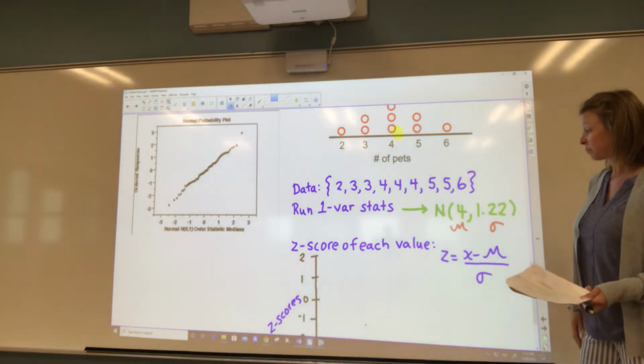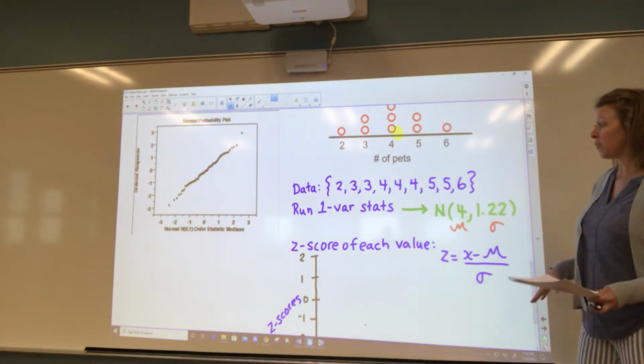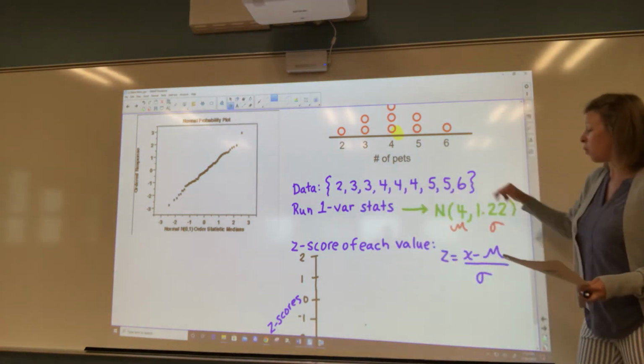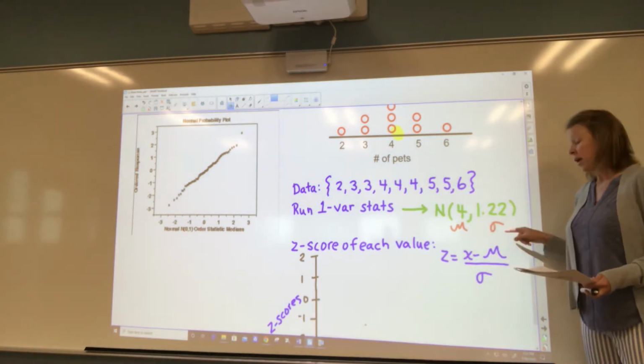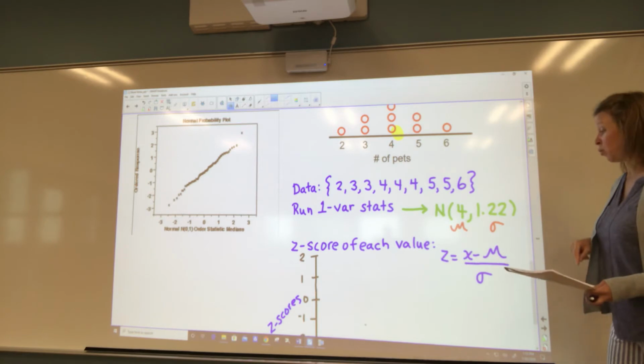These are the observations, okay? If I run one-variable stats with this in L1, I get that the x-bar, the mean, is 4, and the standard deviation is 1.22.